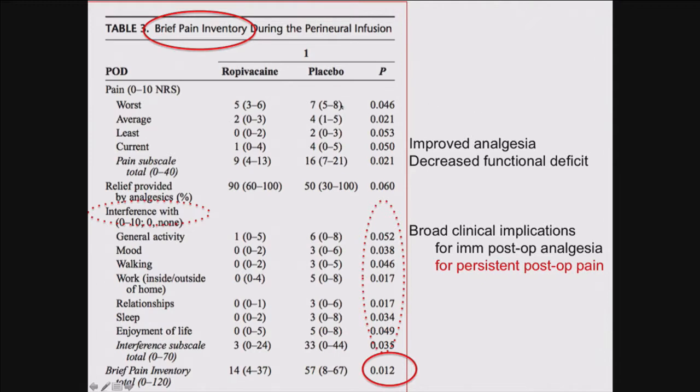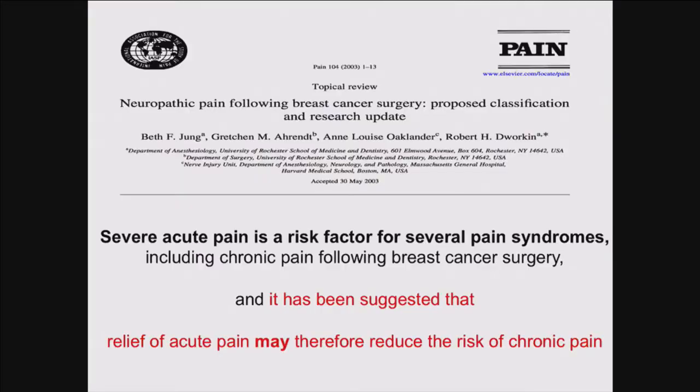And they showed that the patients having received ropivacaine have, of course, a much better analgesic score, but that the quality of analgesia has a major influence here on the general activity, which seems to be extremely important for the chronicization of pain. And this is what has been shown in several papers published already 10 years ago, saying that severe acute pain is a risk factor for several pain syndromes, including chronic pain following breast cancer surgery.